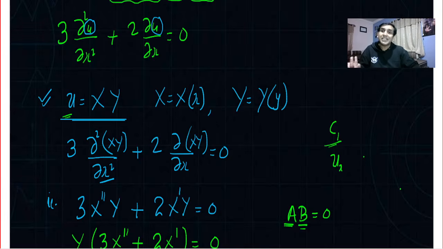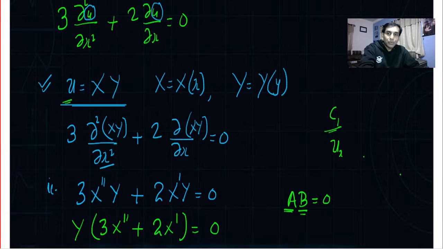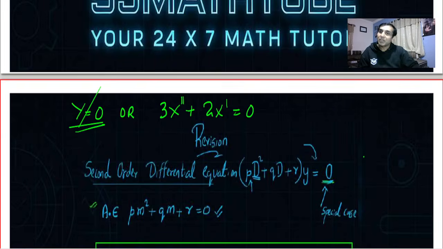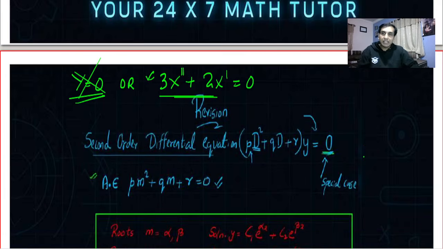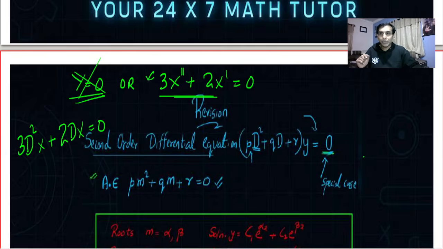So we get the trivial solution. So this is an impossible case. The only case we have to deal with is the x part. So I'm going to get 3d square x, converting it into the standard notation that you learned in your first semester, plus 2 into dx is equal to 0.